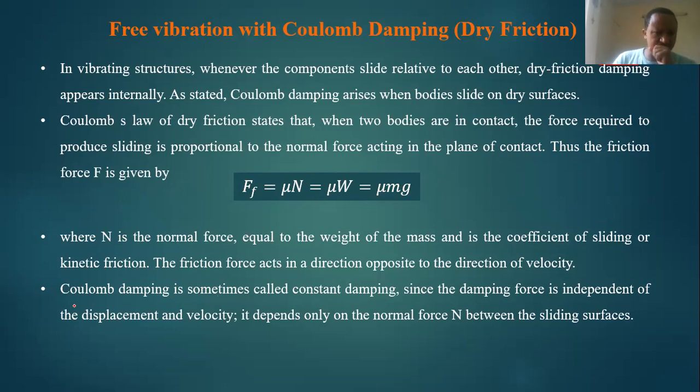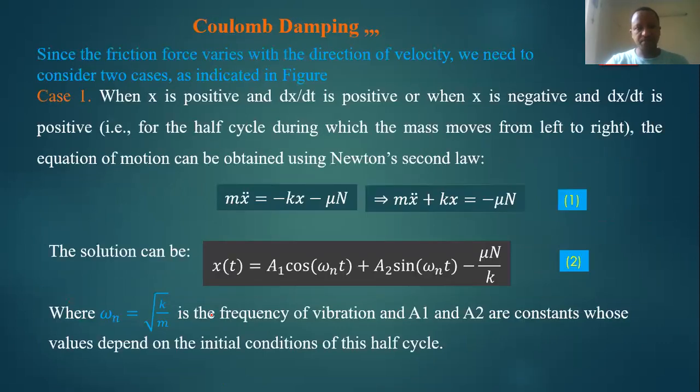So Coulomb damping, sometimes called constant damping. The damping force is independent of the displacement and the velocity; it depends on the normal force acting over the surface. The friction force varies with the direction of velocity.